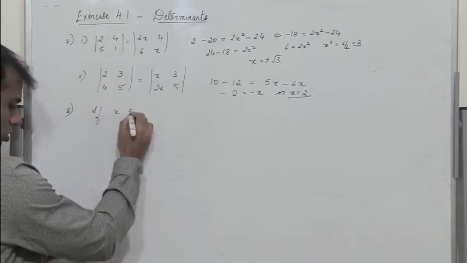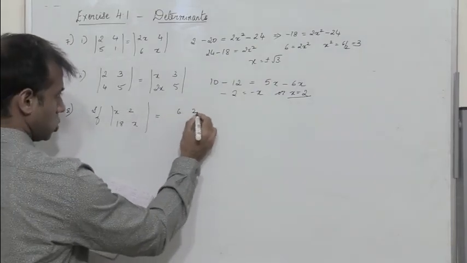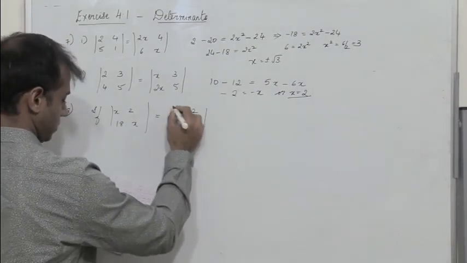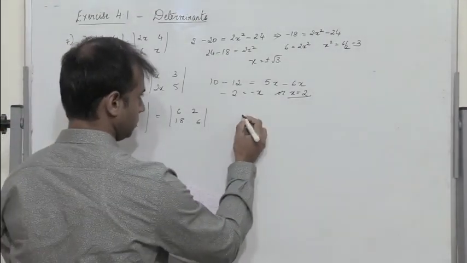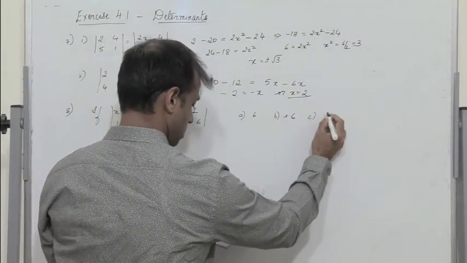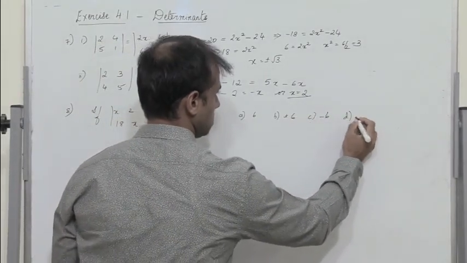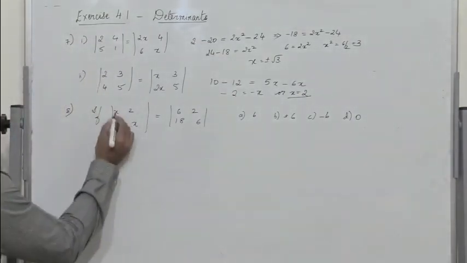If x to 18x equals 6 to 18, 6, then we need to choose the right answer. So A is 6, B is plus minus 6, C is minus 6, and D is 0. So find the determinant here.